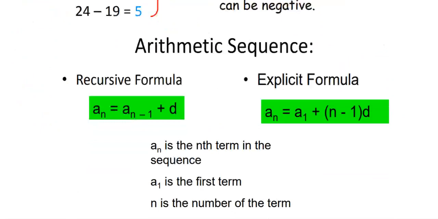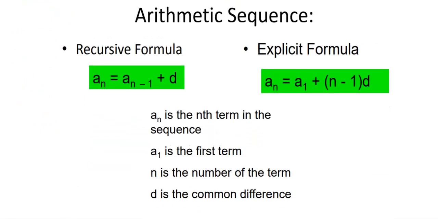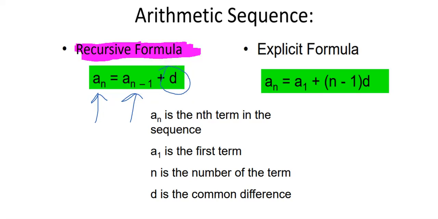Now when we look at an arithmetic sequence in terms of the formula, we can write it in two different ways. We can write the recursive formula, which means that to find whatever term I'm on, I take the last term and I add the common difference. Let's say I have the terms 1, 3, 5, 7, and 9.